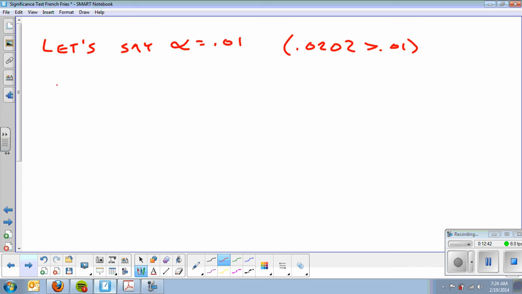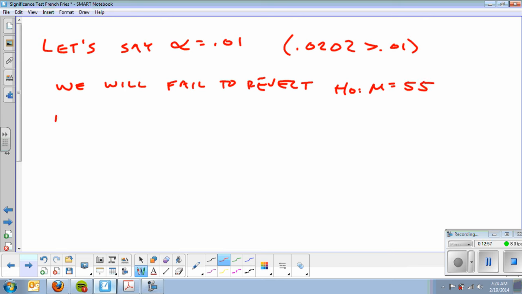So how that would read is we will fail to reject the null hypothesis, mu equals 55, at alpha equals 0.01 significance level. Okay, and you'll have to excuse my writing. My smartboard's a little off.